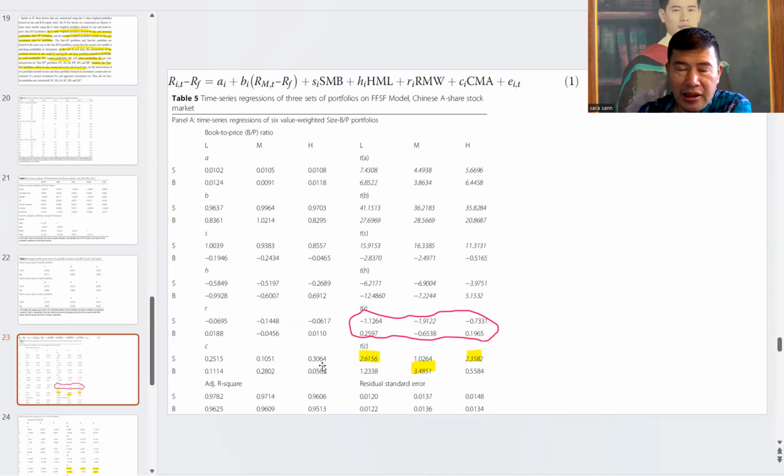What does it mean? It means the return on investment makes the excess return go up 31% over here. So you should select the portfolio with a small size to high book to market ratio, relating to CMA or return on investment.